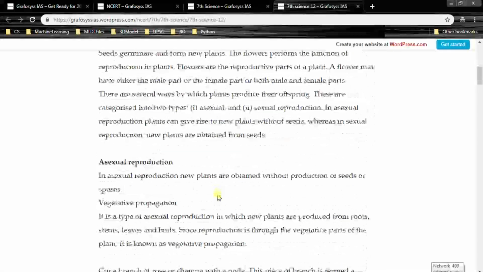Asexual reproduction. In asexual reproduction, new plants are obtained without production of seeds or spores. So you might have seen that we will take stem of some plant and we will just insert into soil for few days, and it starts to grow. So these are asexual, without seeds.